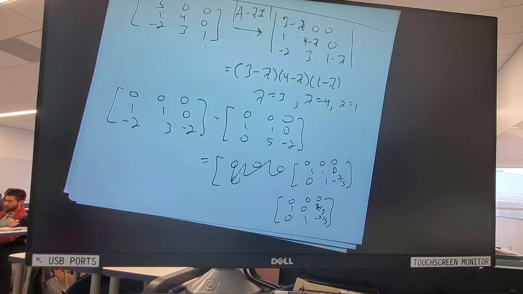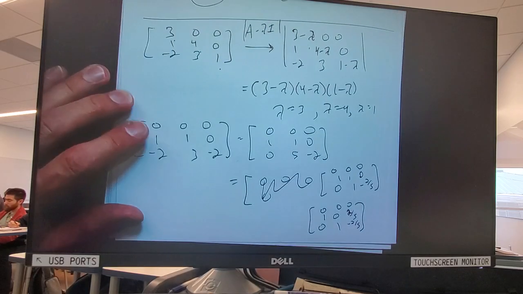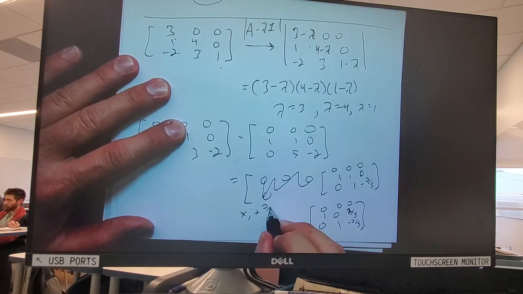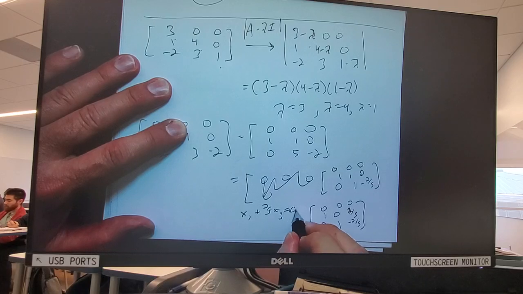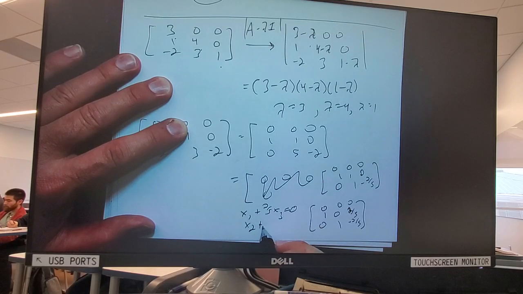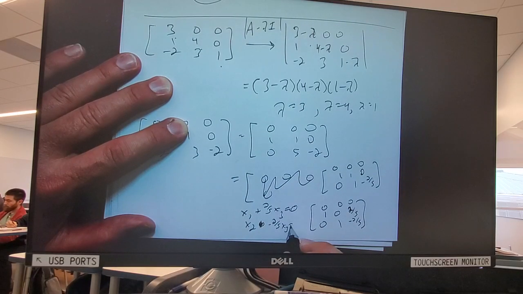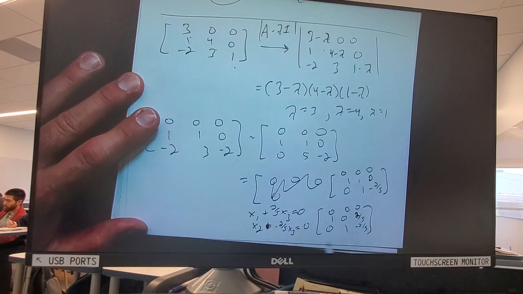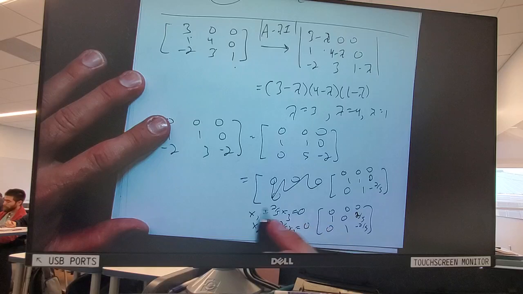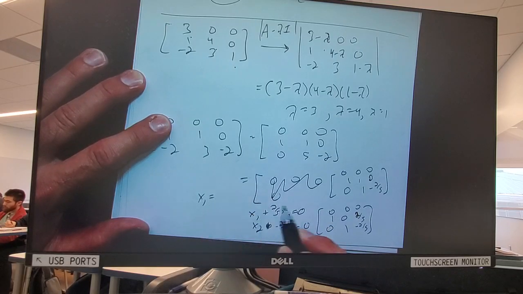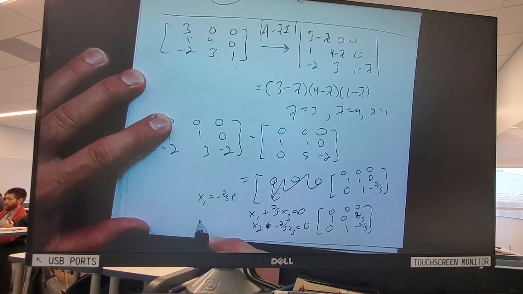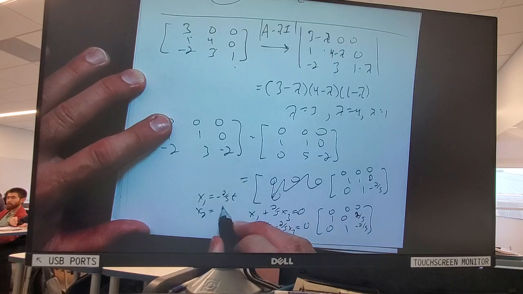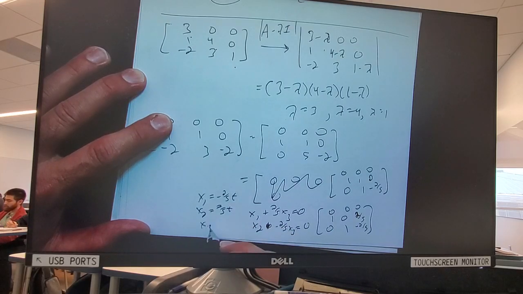And then what's the null space basis? How would you get that? You've got x1 plus 2/5 x3 equals 0, and x2 minus 2/5 x3 equals 0. Obviously x3 is your free variable, so x1 is -2/5 t, x2 is 2/5 t, and x3 is t.